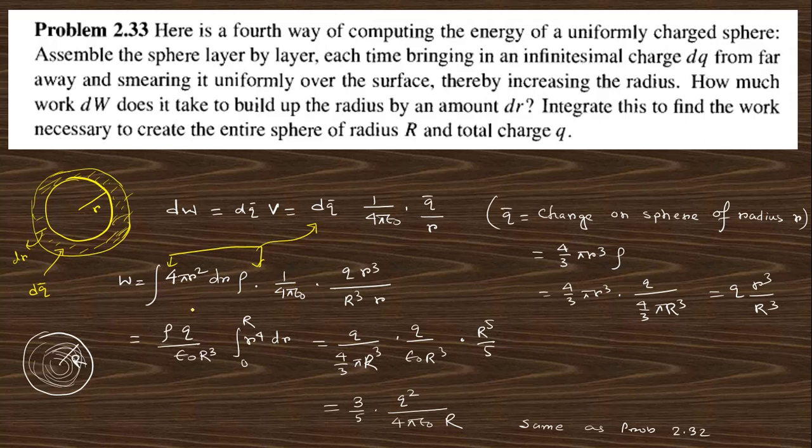So the total work done will be obtained by integrating. If you integrate from 0 to R, to form this radius capital R, you will get the same result as obtained in the before three cases. So there are four possibilities to find the work done: using the previous three formulas, and this is another method to find the work done to form this structure, right?